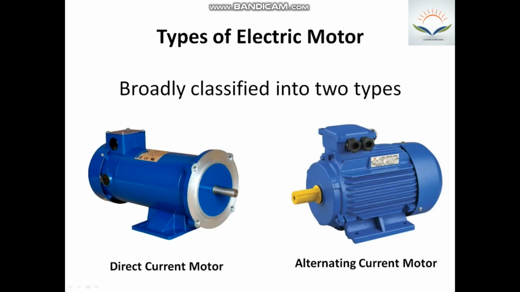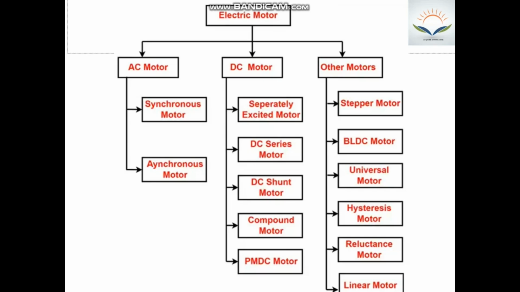Types of electric motors. Generally, all types of motors are classified under two categories, namely direct current motors, also called DC motors, and alternating current motors, also called AC motors. These in turn are further classified as synchronous and asynchronous families in AC motors.